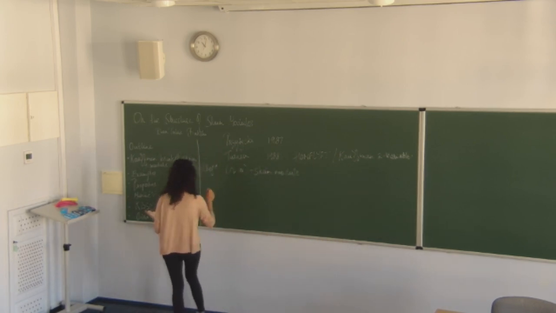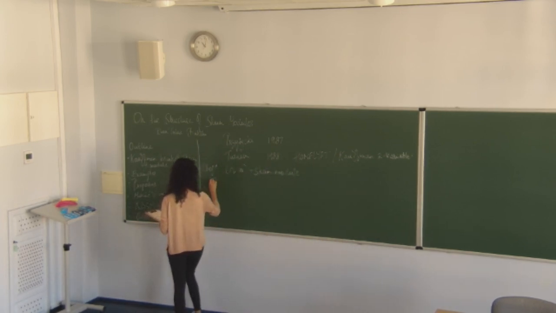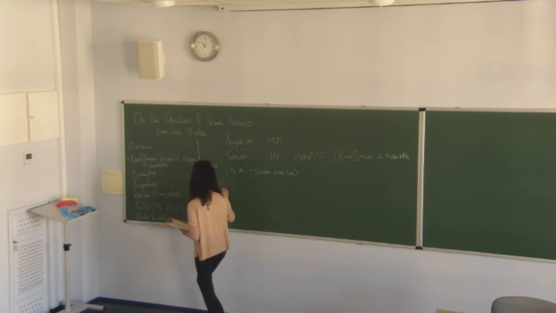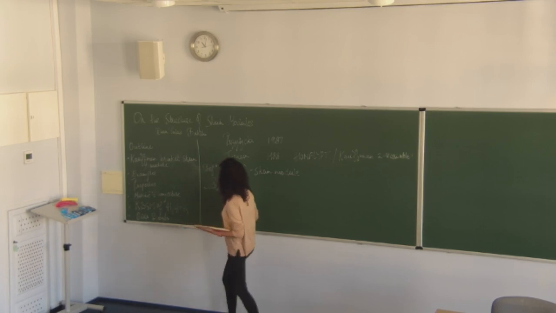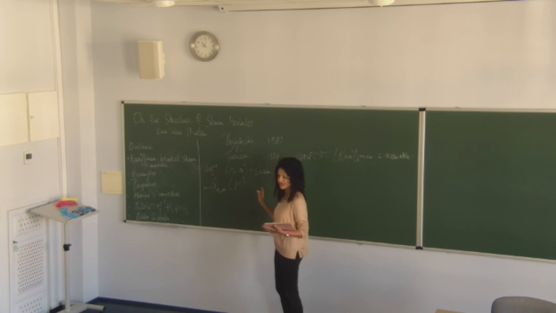Okay, so some notation first. So S for skein module, n-infinity in the subscript. I will always work with an oriented three-manifold.